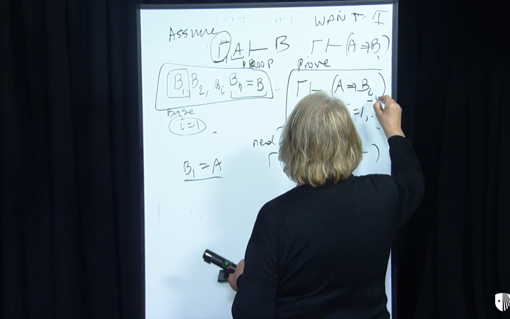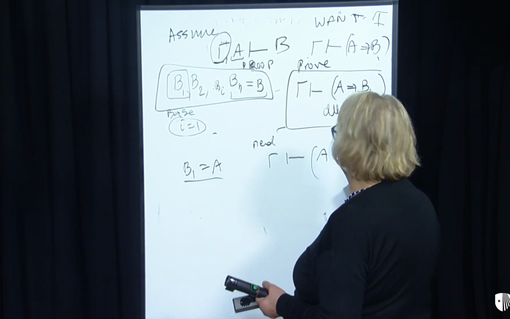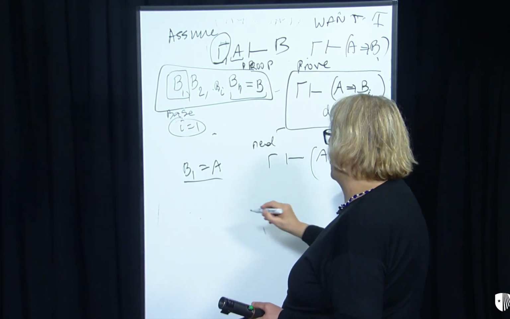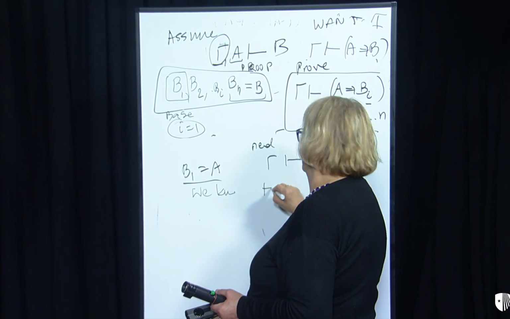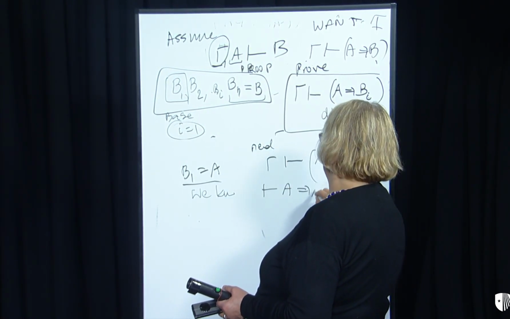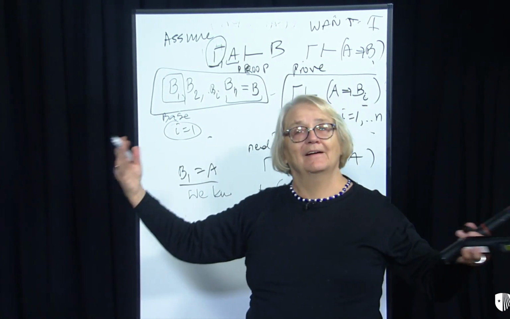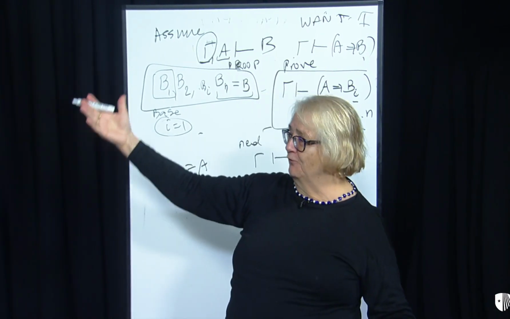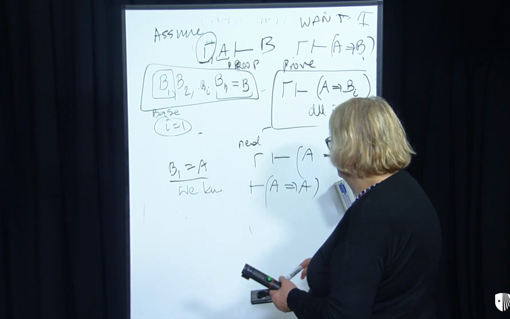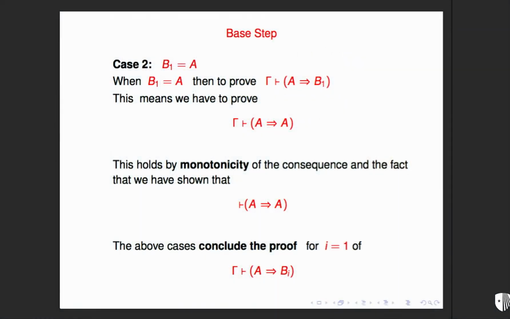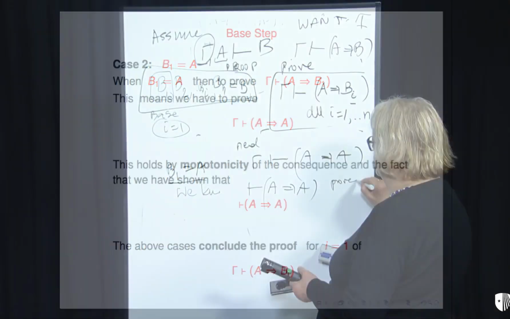Because B1 is A. But we know that I have a proof of A implies A. That was the full-fledged proof of A implies A that we did. So this is already proved.